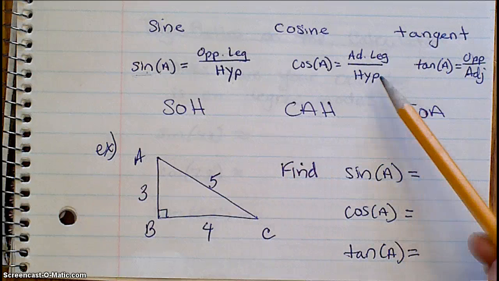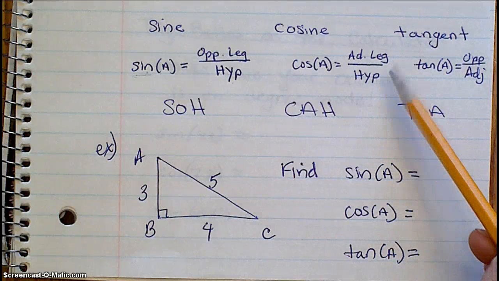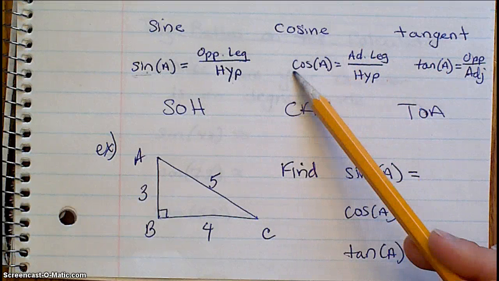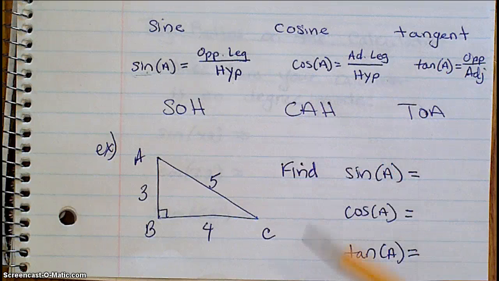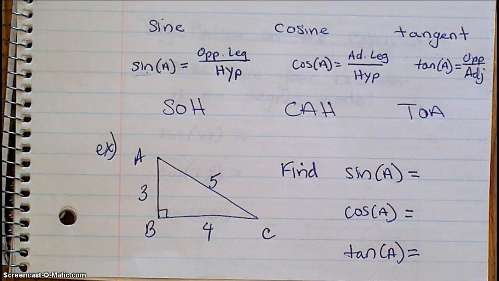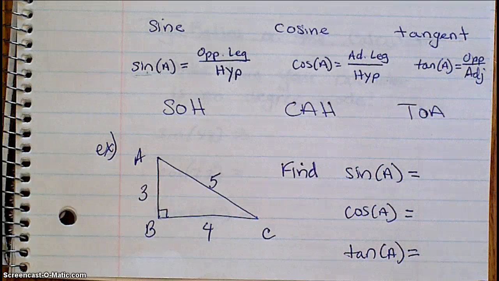Your adjacent leg divided by hypotenuse is what we call cosine. Again, it's spelled like this, this is how you say it, but it's abbreviated on your calculator as COS. And lastly, the opposite leg divided by the adjacent leg is another special ratio, and we call that one tangent, or TAN on your calculator.